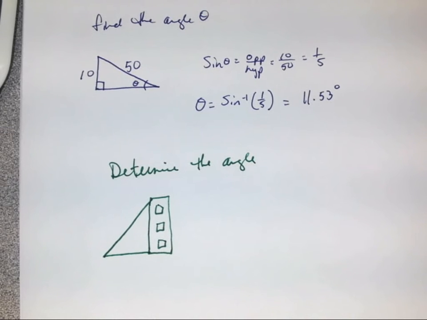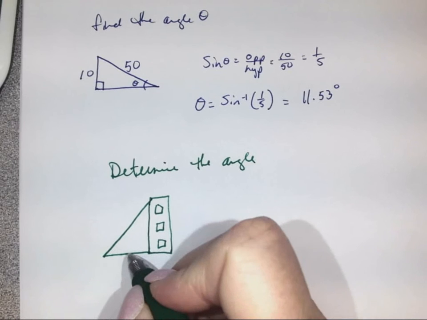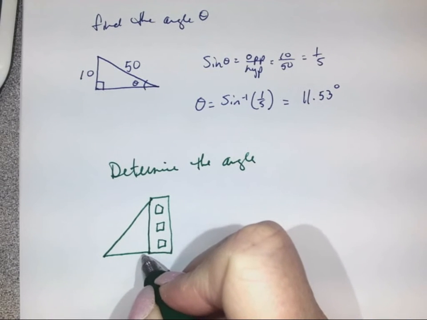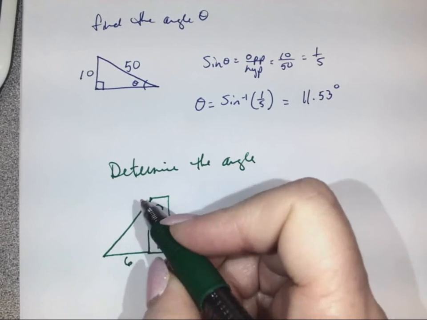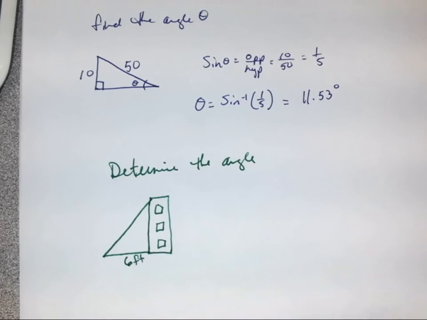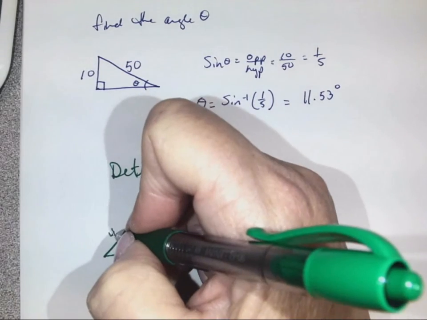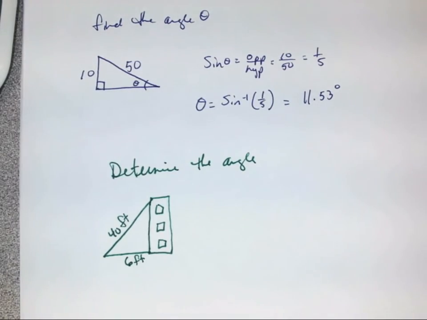It just says the angle formed by the ladder and the building. All right, so we are told that our ladder is 6 feet from the base of the building, and it is a 40-foot ladder. And we want to find the angle formed from the ladder and the building.